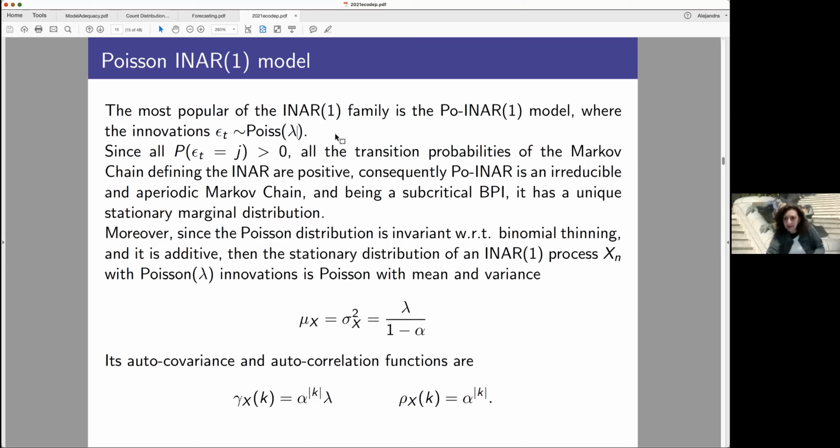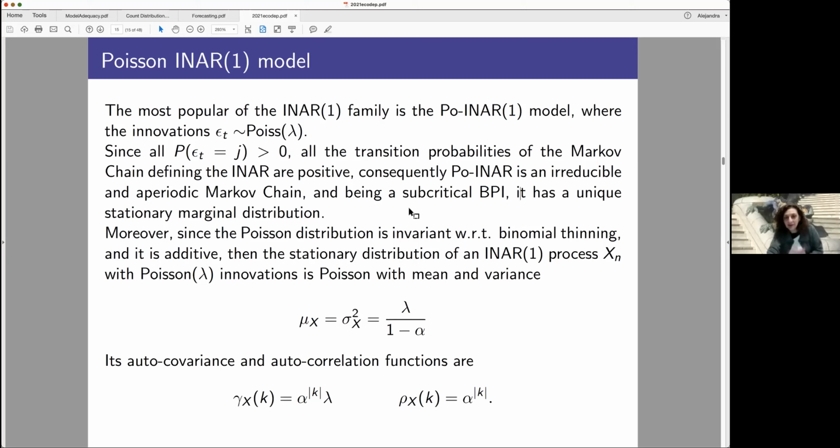This is an irreducible and aperiodic Markov chain. So it is a subcritical branching process with immigration. Joining these two things, we have that there is a unique stationary marginal distribution.